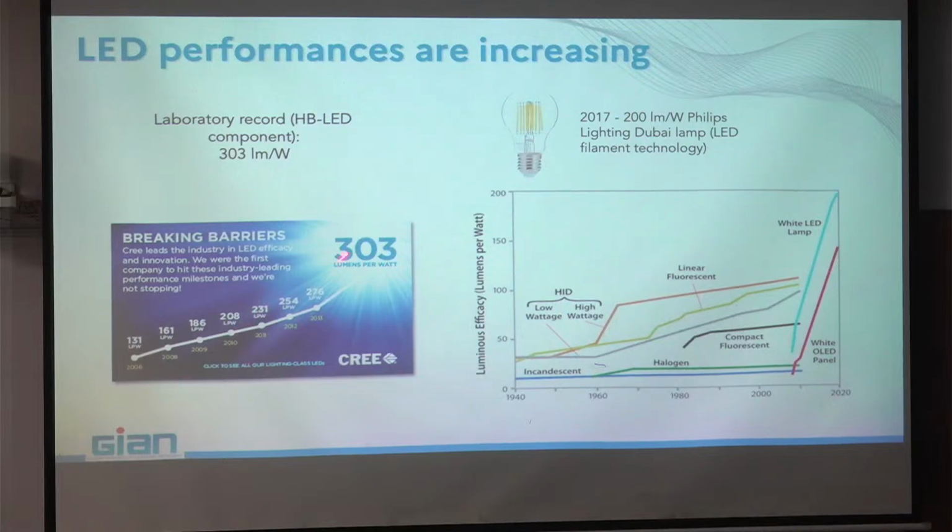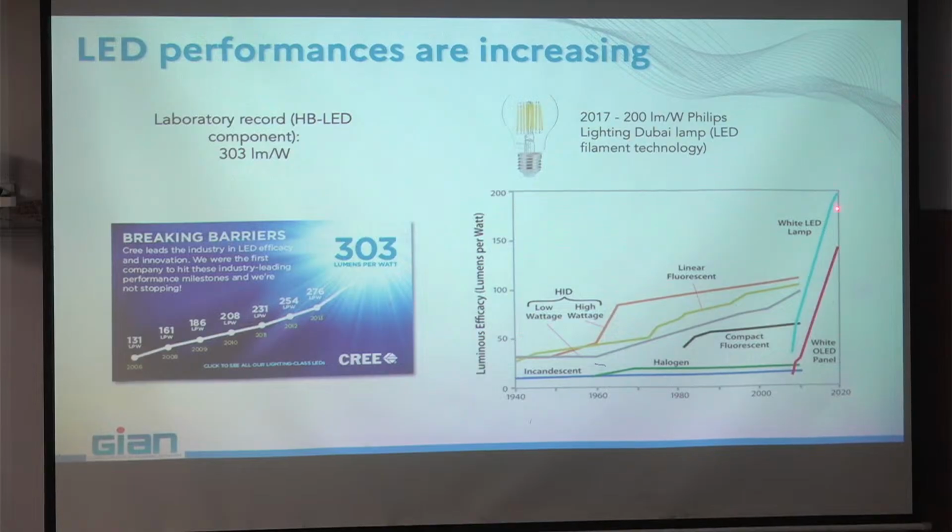This is good. And if you look at what happened with the different kinds of technologies, here you have incandescent and halogen lamps. Here you have compact fluorescent, different other discharge lamps, and here you have the white LEDs. Everything here is going to a plateau.